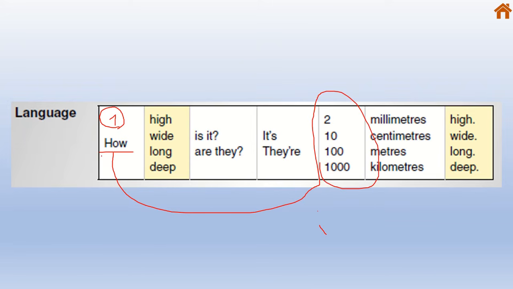If you need to talk about numbers, you need to use how. Then you need to talk about the adjective of the dimension you are talking about. Are you talking about the height or the length or the depth?